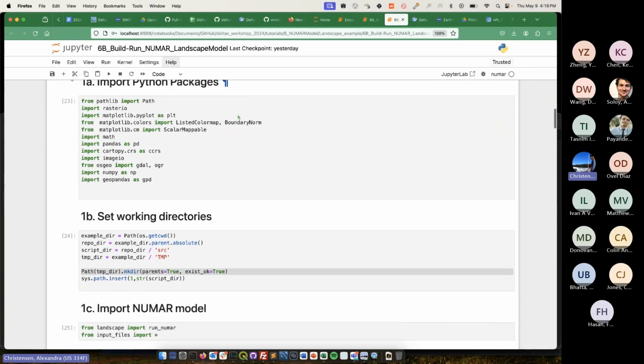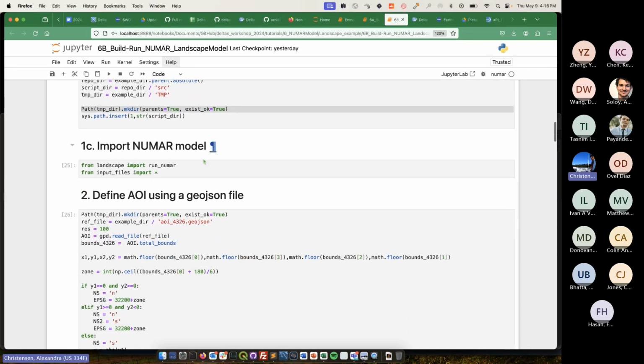So again, you're importing these packages, importing the NUMAR model. So unlike the unit one, I didn't put the whole thing in here for you to see, but you can look at the source code and see how the model actually works.